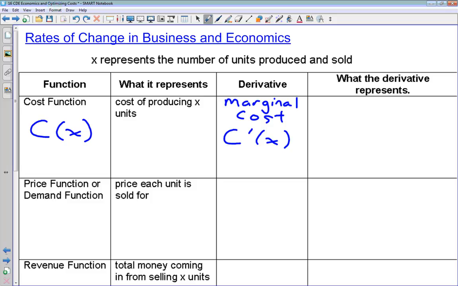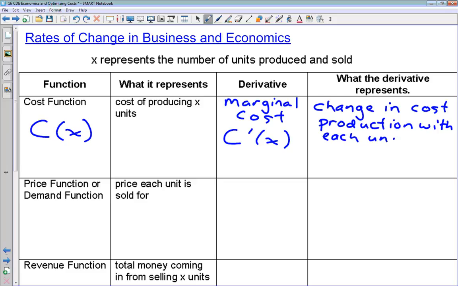What does the marginal cost represent? Well, it is the change in the cost of production with each unit, okay.